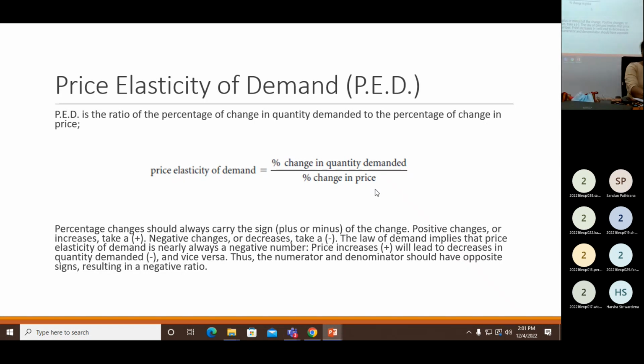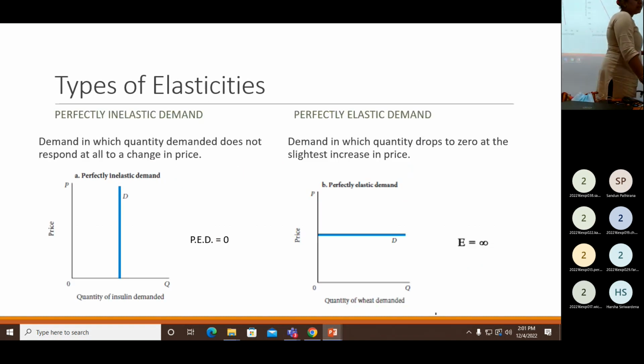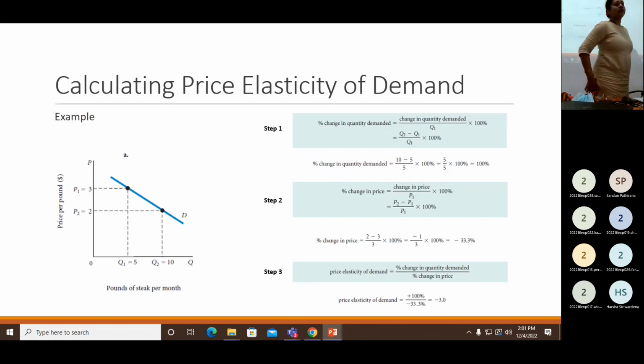As per this formula, there are two parts. You have to calculate this part separately and that part separately, then bring those two values here and calculate the final price elasticity of demand. Those are the steps of calculating price elasticity of demand.